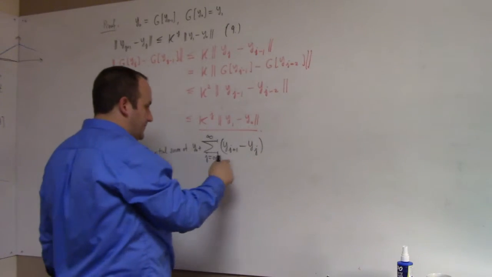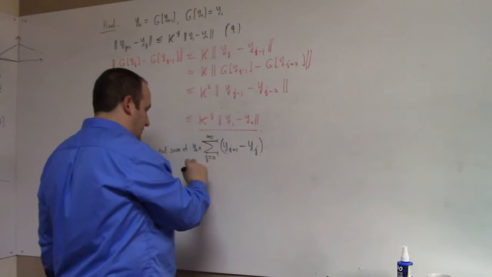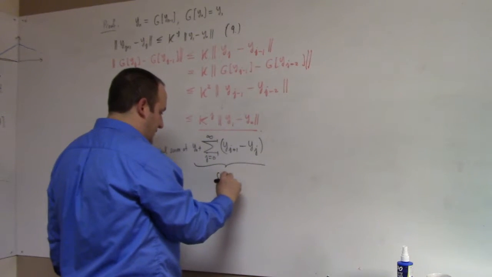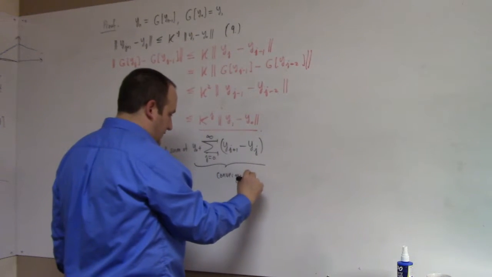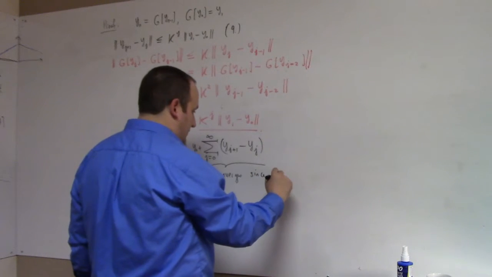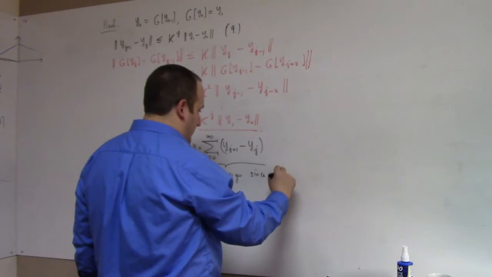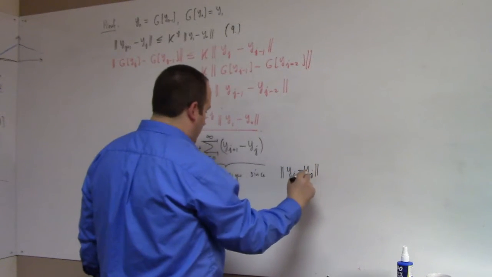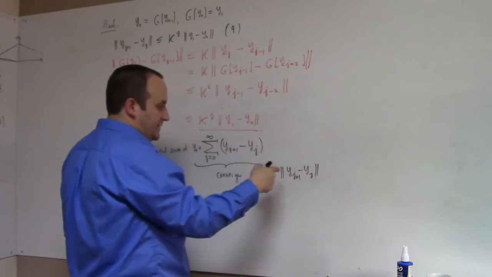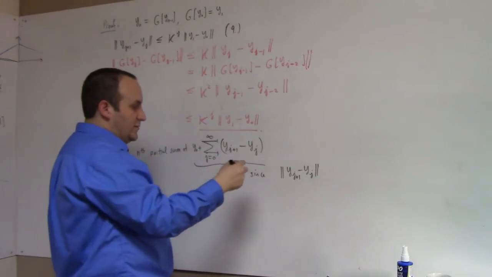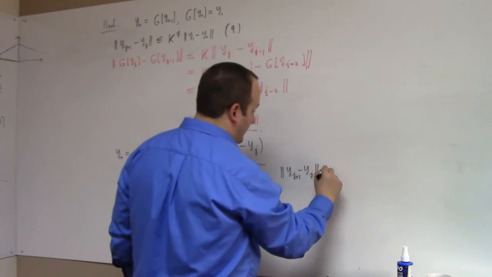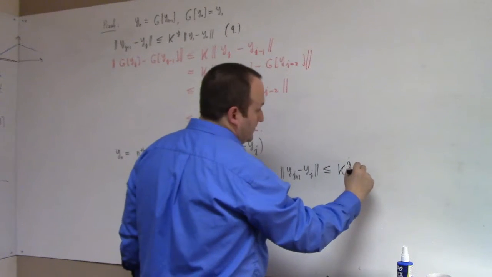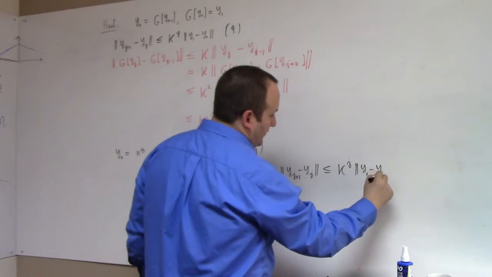This series converges, he says, because y sub j plus 1 minus yj is the jth term in the series, and the norm of this, as we have up there, is less than or equal to k to the j times a number, y1 minus y naught.